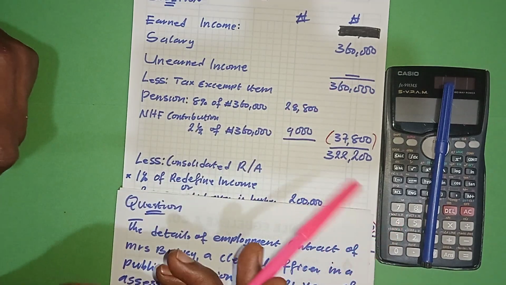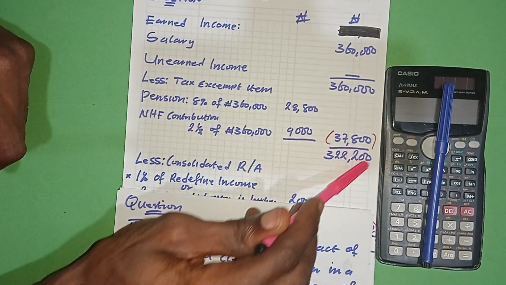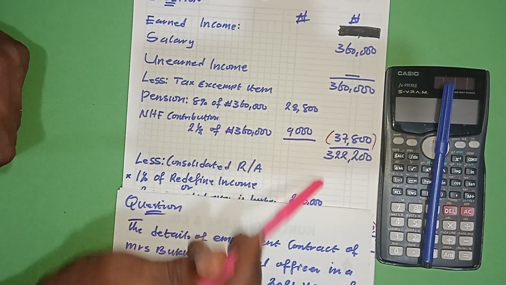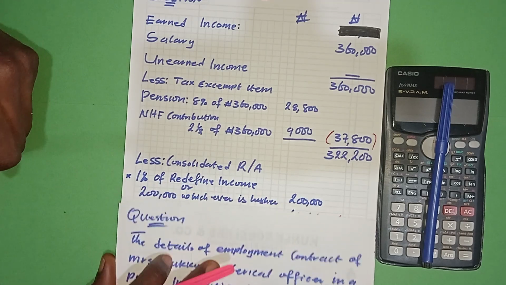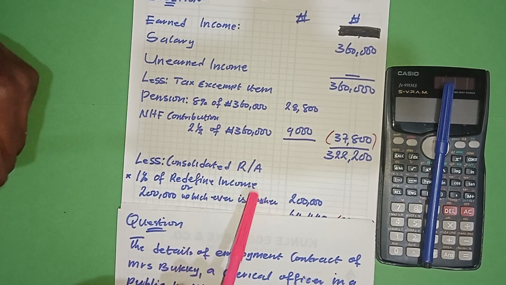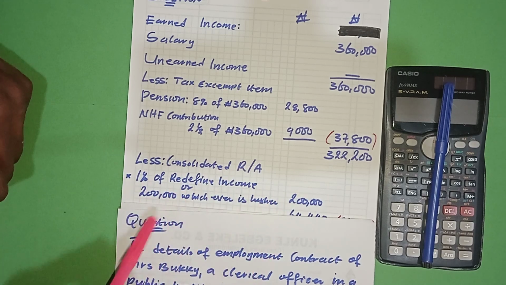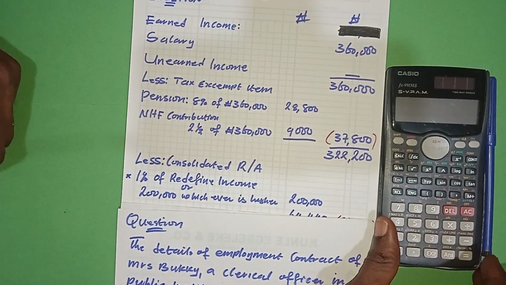But the Finance Act has given us a redefined income and said that we should do it here. Watch my video on PAYE computation, you will get details of everything I'm saying here. Now, the Consolidated Relief Allowance is 1% of redefined income or 200,000, whichever is higher.